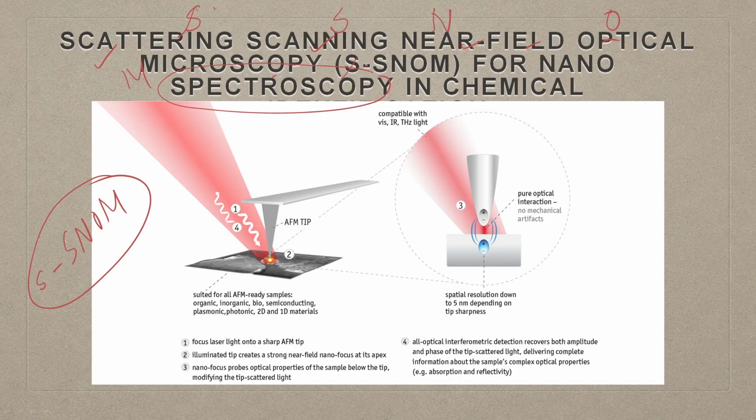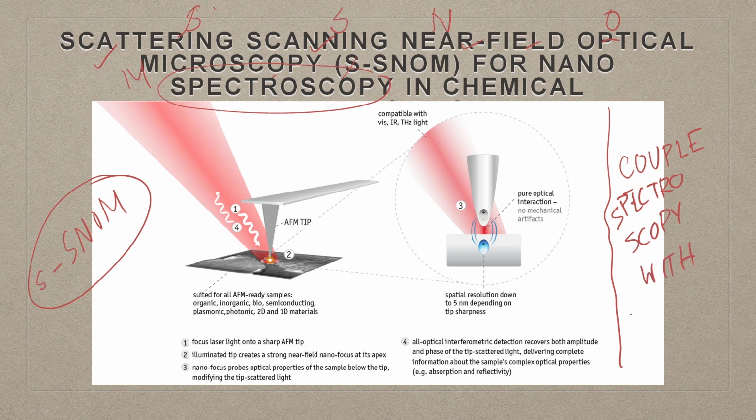Now think of a situation where somebody wants to couple spectroscopy with AFM. So how does that work? Here you have the AFM tip, as you could see, and here you have the laser beam falling.